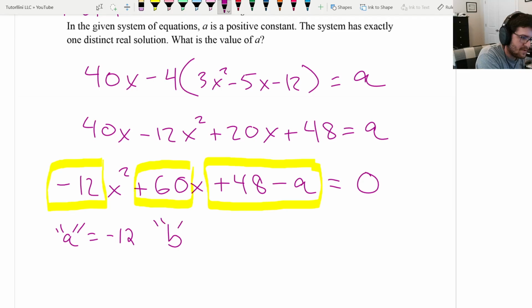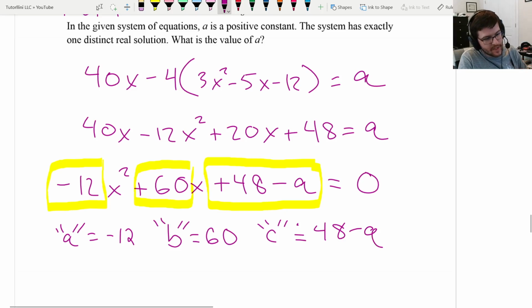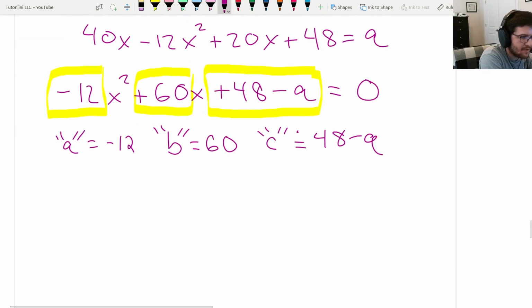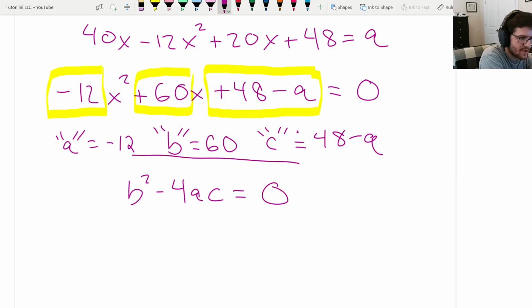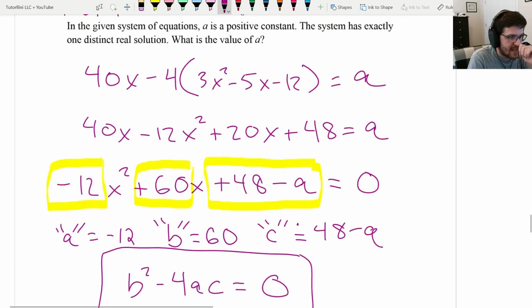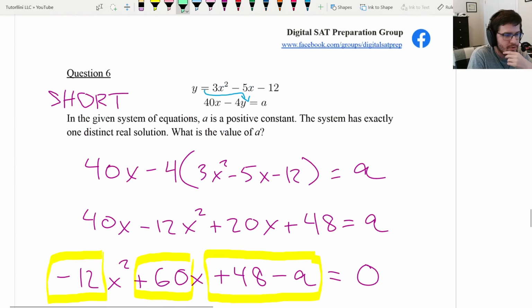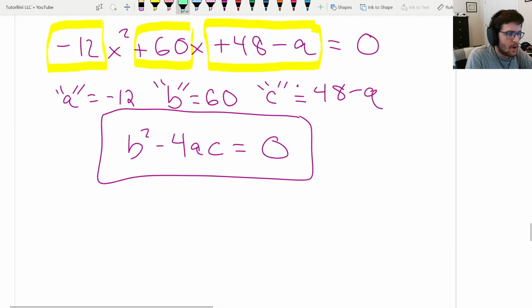B with air quotes is 60. And C with air quotes is 48 minus A. When you have one real solution, the discriminant tells you that B squared minus 4AC is equal to 0. So you just straight up had to know that. That's just something if you study, that's just something you know. You should just write that down immediately as soon as you see this. One distinct real solution.